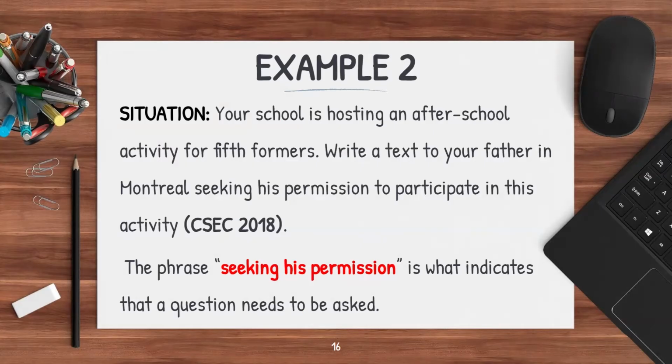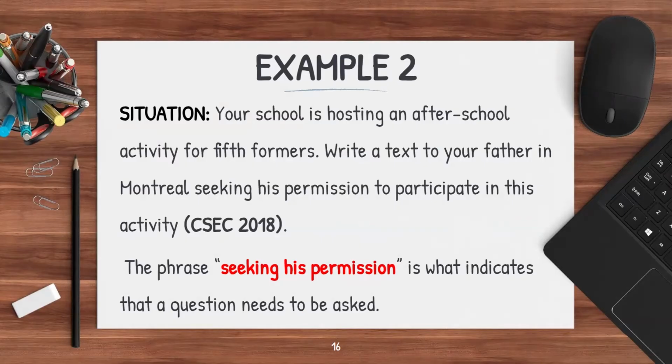Now we're going to look at another situation from 2018's past paper. It says, your school is hosting an after-school activity for fifth formers. Write a text to your father in Montreal seeking his permission to participate in this activity.